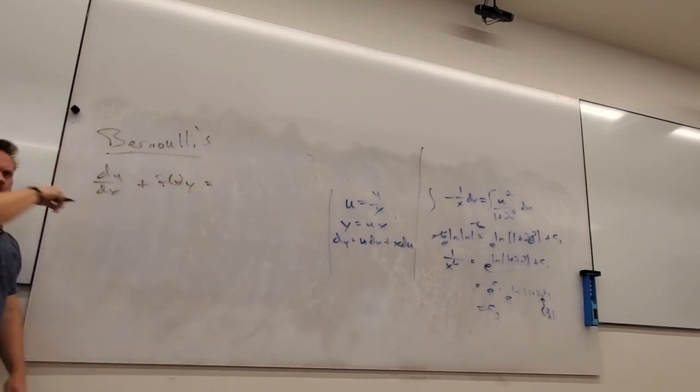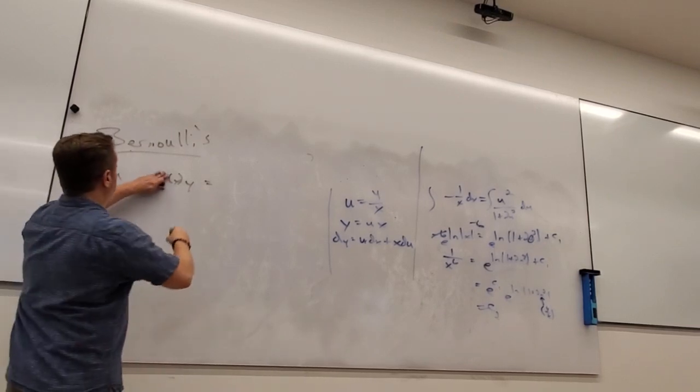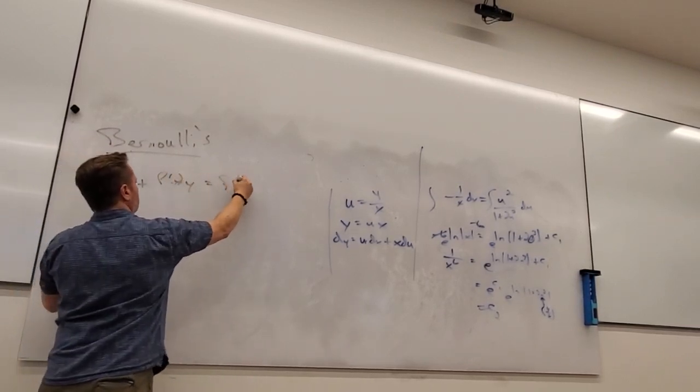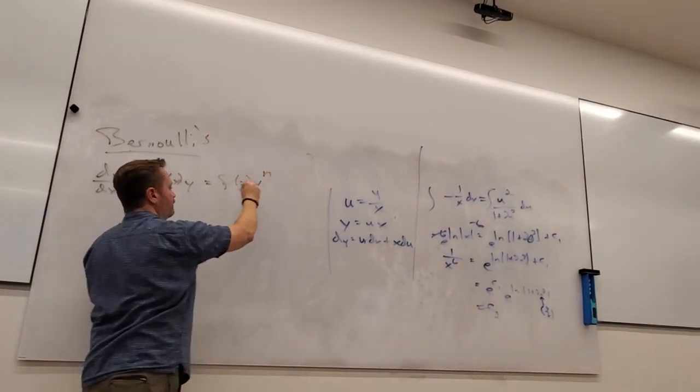Does everything look good so far? Does that look linear so far? Yes. Actually, let me put P of X. Still good? And then Bernoulli says, okay, what if I had that?